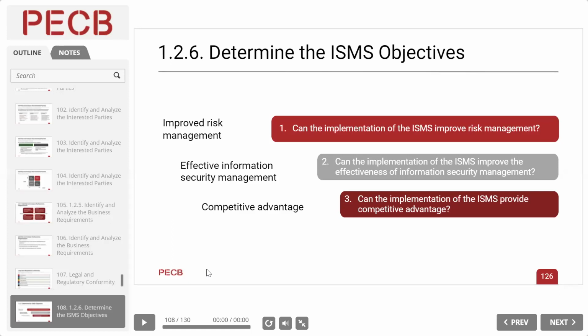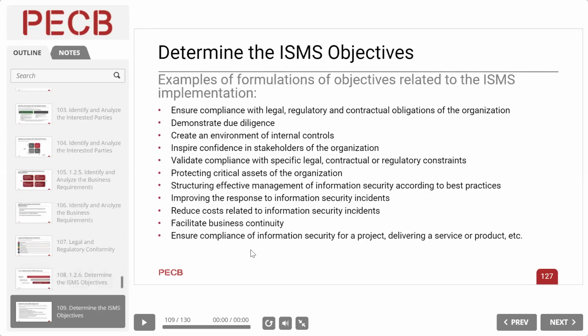Have you measured and seen whether by implementing your ISO 27001, you've moved ahead in getting a better competitive advantage? It's part of the things that you need to show evidence of having done.